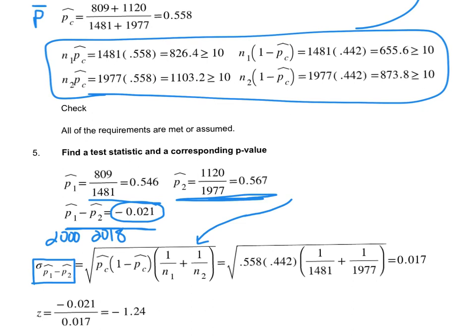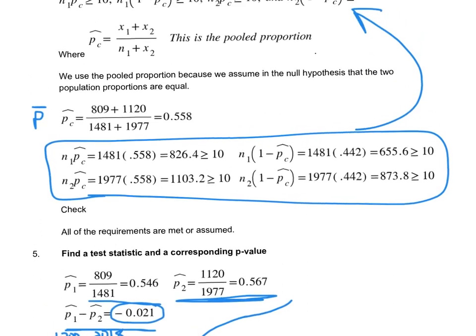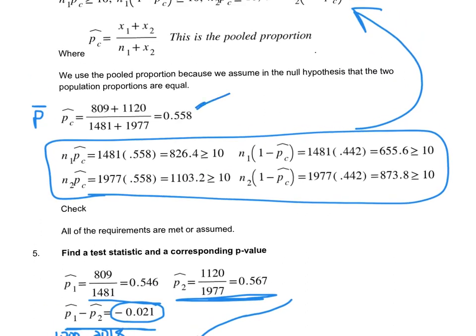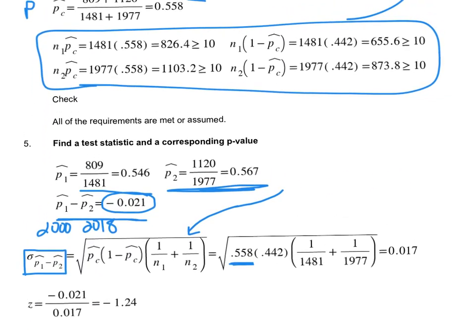And the key here is that we're using the pooled proportion. Remember, we got 0.558 for our p sub c hat, or p bar, or pooled proportion. And that's shown here. And 1 minus our p sub c hat is 0.442. That's the same for both proportions. When we pool our sample proportions, then the numerators of both fractions are going to be the same.